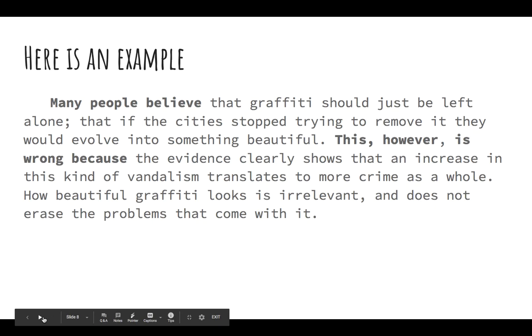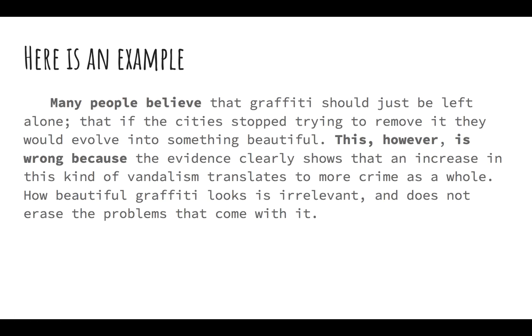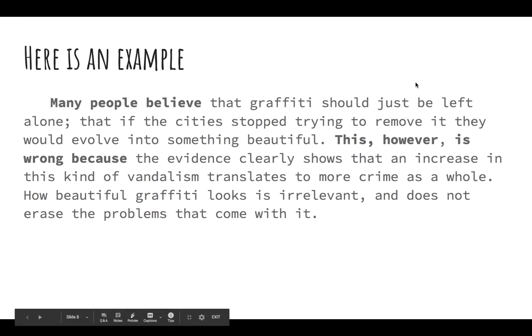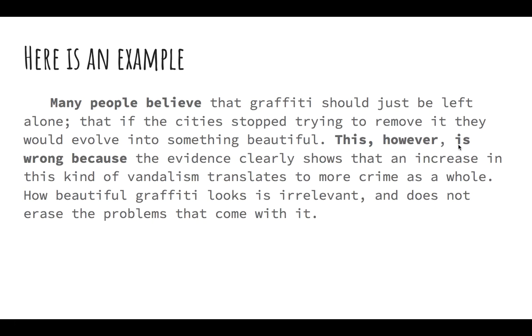Okay, so what I would like you to do today is to practice doing exactly this. Okay, so you're going to write a practice topic sentence for addressing the opposition. You're going to write a practice topic sentence that looks like this. Okay, then you're going to prove them wrong. Okay, you're going to transition into this, however, is wrong. This is not true because, and then you're going to go into your side. Okay, so let's say you're doing pets should be allowed in the workplace.